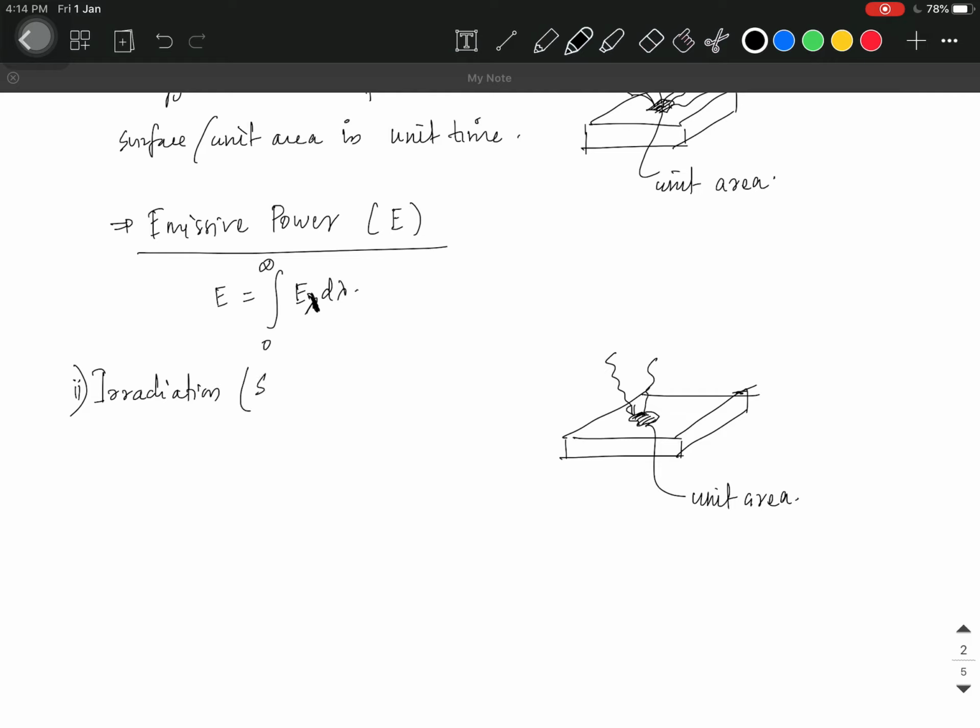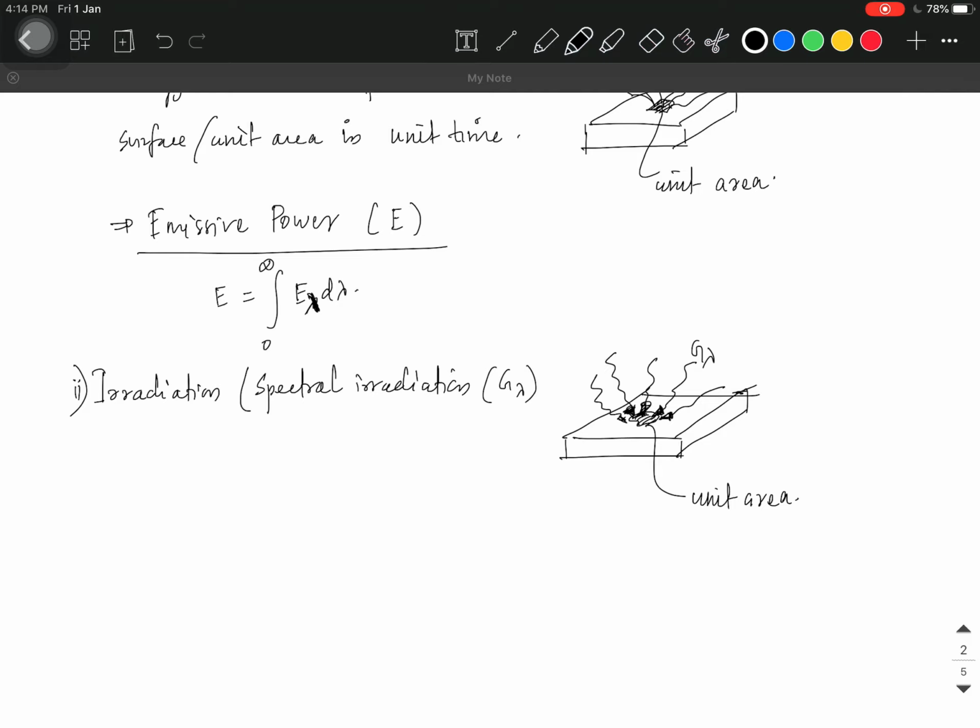Then the irradiation, or particularly the spectral irradiation, is given by the letter G lambda. So this irradiation is nothing but the energy that is incident on a particular surface per unit area in unit time.